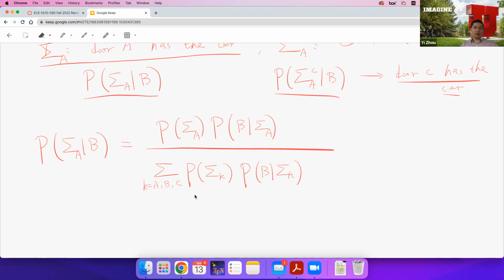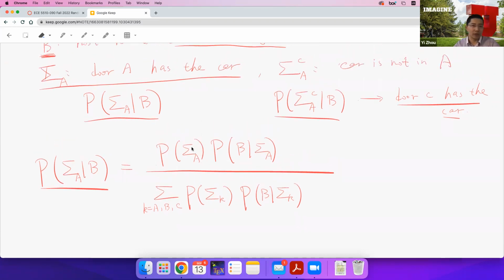Now, the question is, is this easy to compute? It looks like Bayes rule is very complicated. In order to calculate this one, we have to calculate all these terms. But if we examine every single term in this fraction, we will see that every single term is very easy to compute.